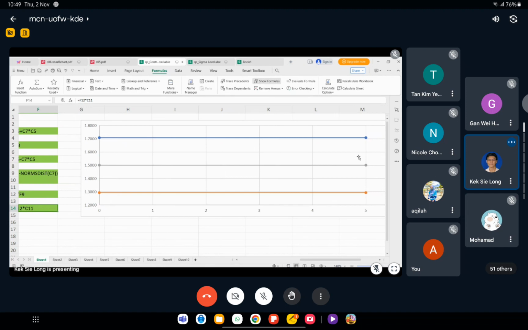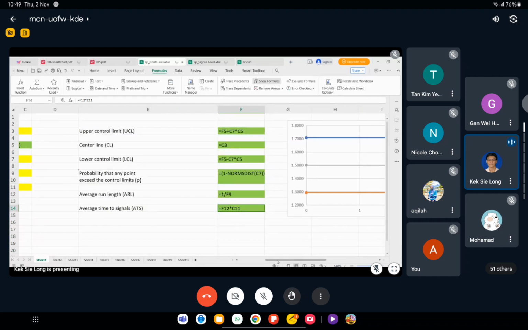This is what we call the initial stage, before we can plot a complete control chart. We just build the framework: three lines, the upper, the middle or center, and the lower. Then the next step is just to plot the points into the control chart.